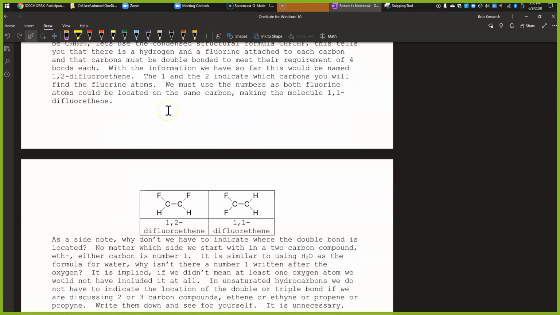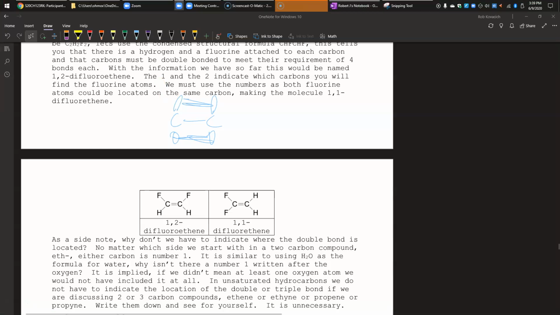But the moment that I've added a double bond, it becomes fixed because not only do I have the single bond between the carbons, I also have the double bond, which is above and below. And so what you end up with is something like this that can't flex.